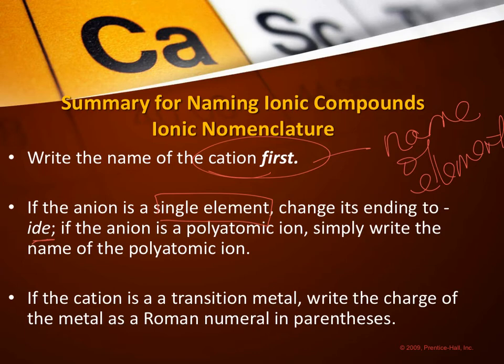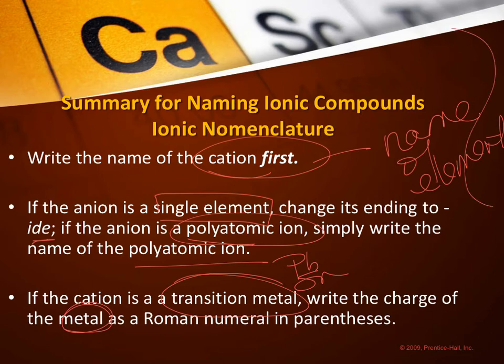If the anion is a polyatomic ion, just write whatever the name of that polyatomic ion is. And the last rule is if the cation is a transition metal or lead or tin, you must write the charge of the metal ion as a Roman numeral in parentheses. So you may want to jot these rules down. It's a nice little summary.